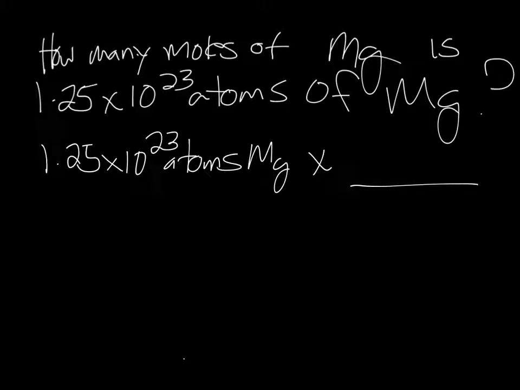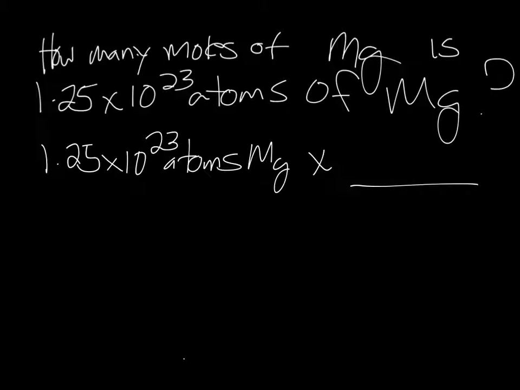Alright. Think about it. If I had atoms in the numerator and moles in the denominator, then when I multiply 1.25 times 10 to the 23rd atoms of magnesium times atoms of magnesium, I'm going to get atoms squared per mole. And that's not what we want. So you want to be able to end up with what you desire.